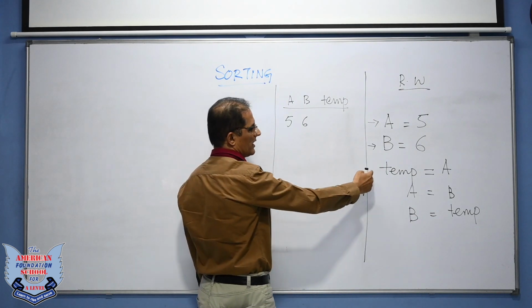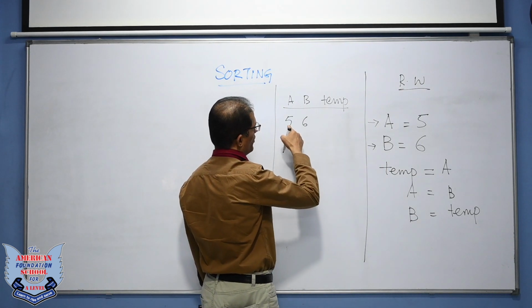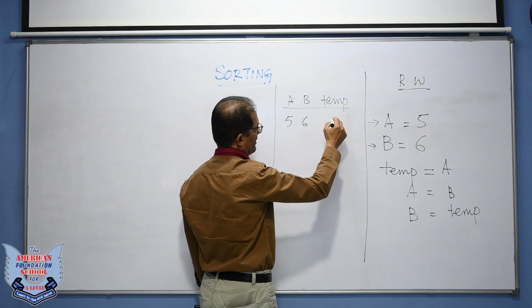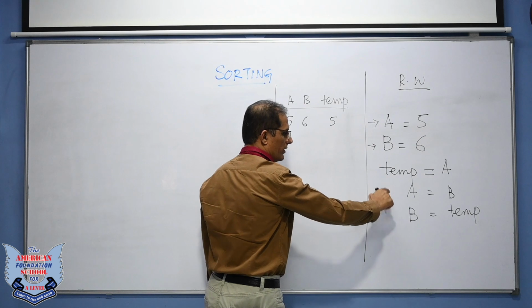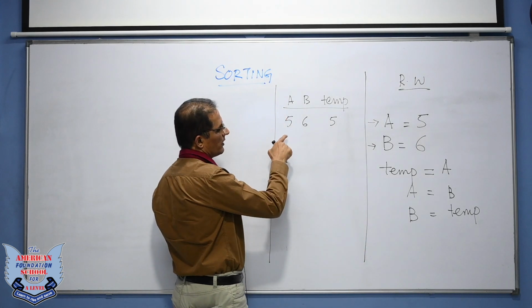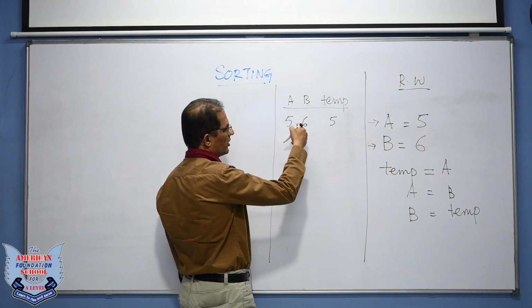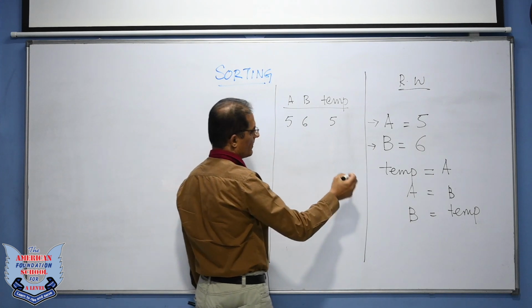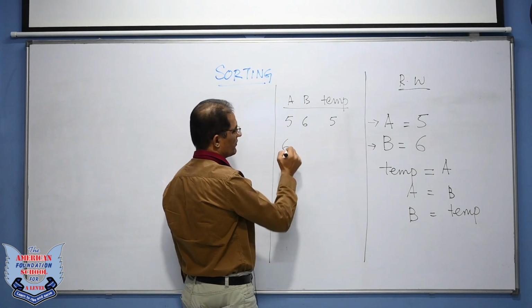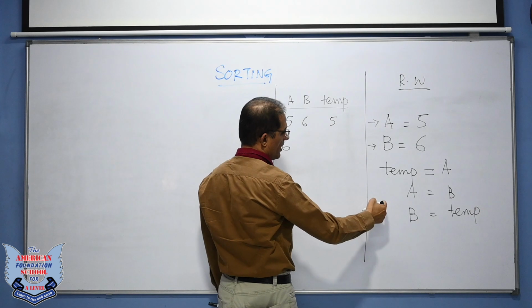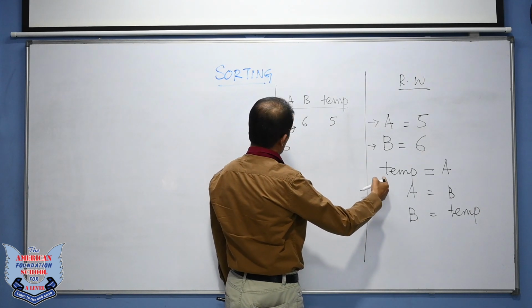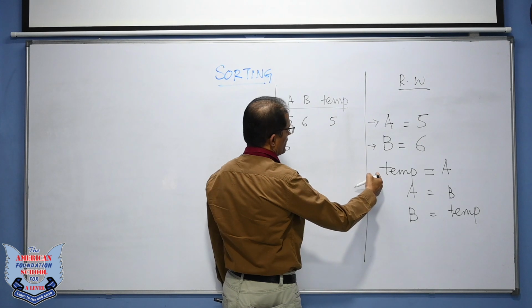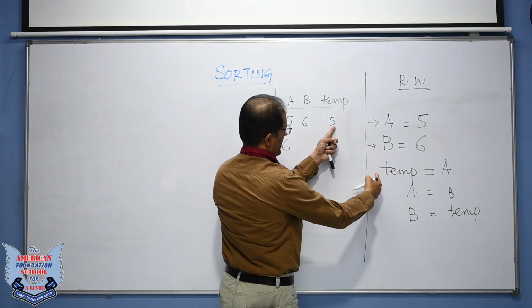After that we are saying temp is equals to A, meaning whatever is written here will go in temp, so 5. And then we are saying A is equals to B, that means bring the contents of B into A. So 6 would come here. Temp is equals to A, that was done there.